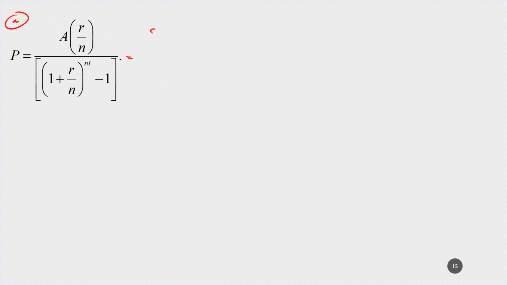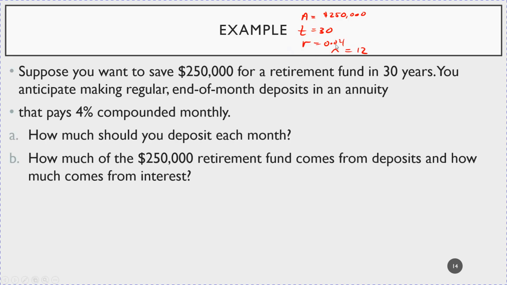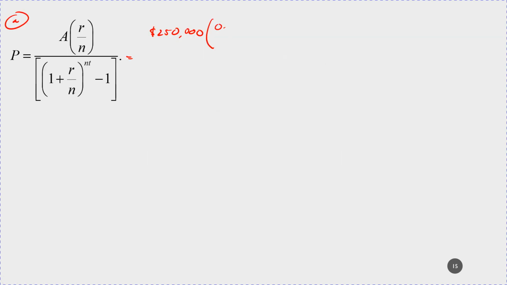So I want $250,000 times 0.04, that's my interest rate, divided by 12, divided by 1 plus the rate divided by 12 raised to the, well, how many years?